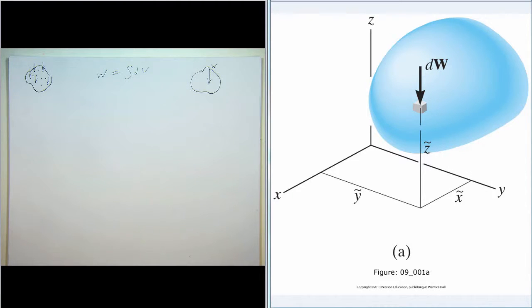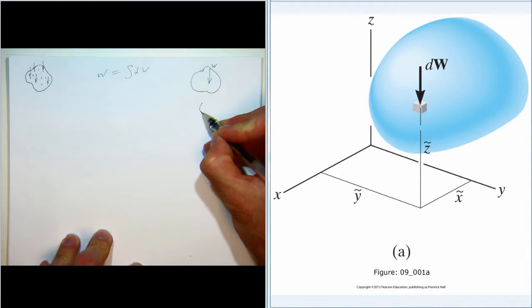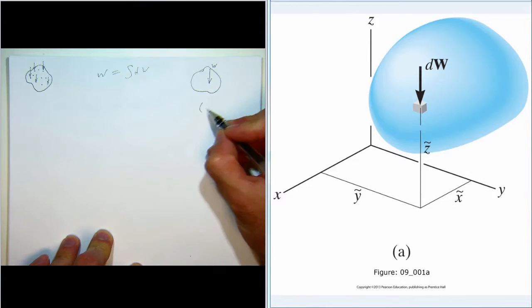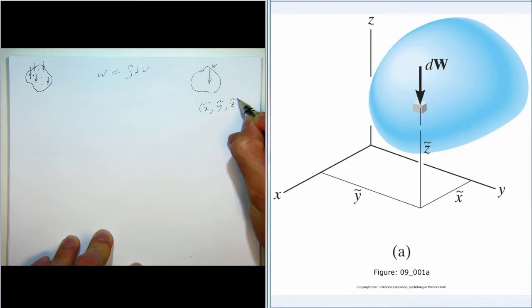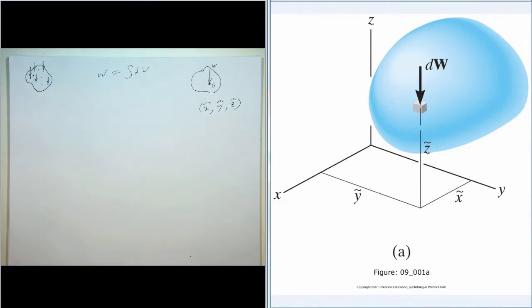And now if we want to find out where it acts, a point on the line of action of this force, we'll call that x tilde, y tilde, and z tilde, and we call that point G. Then we will look in the same way that we did when we had distributed loadings.